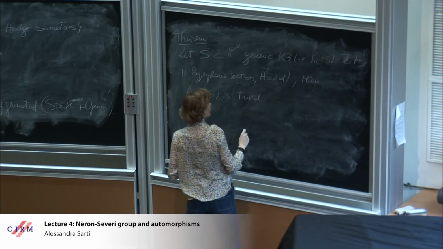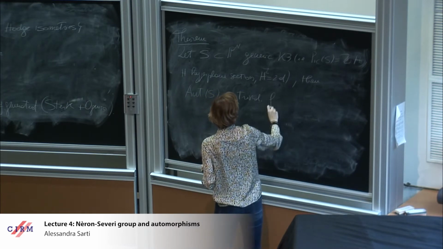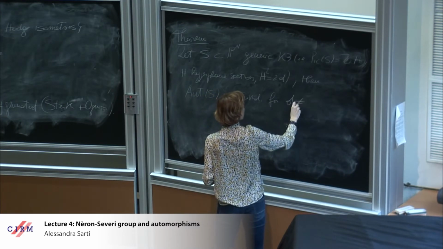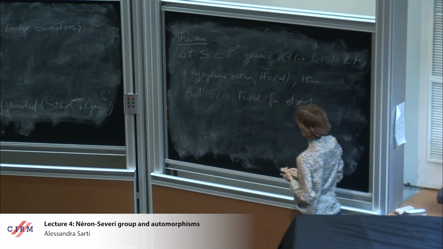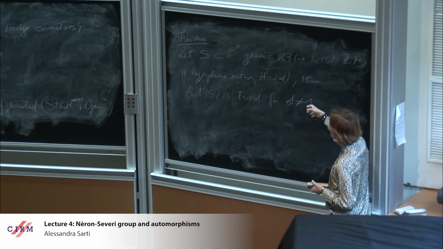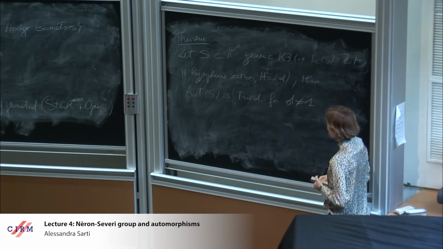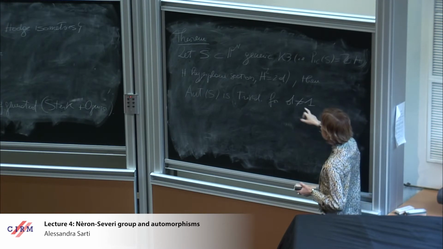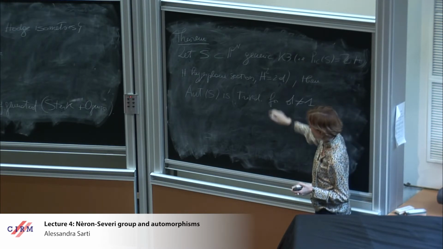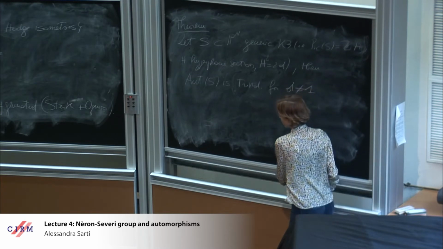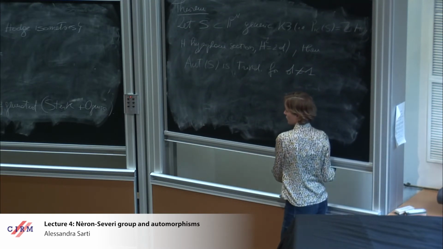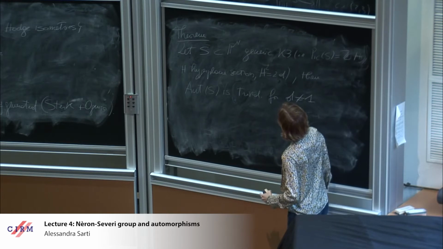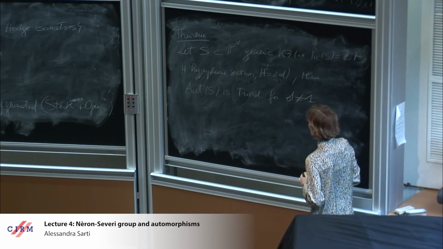I also have to say, for D different from 1. Because as I said, D equal to 1 we will see in a minute. As a corollary, if D is equal to 1, H squared is equal to 2. This is the example I gave before, and it is the double cover of the plane. So you have an automorphism that comes from the covering involution.